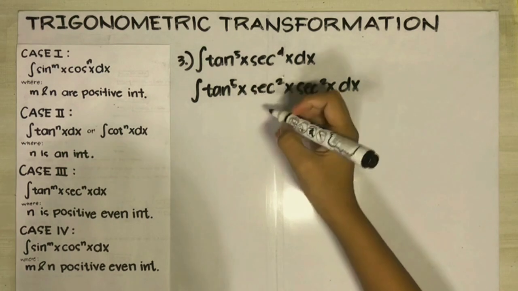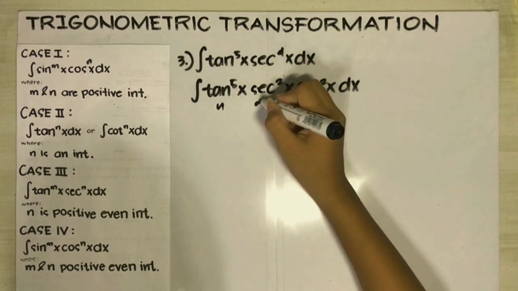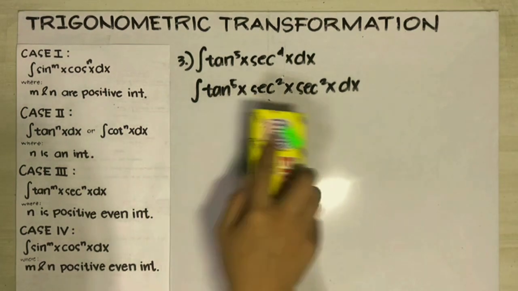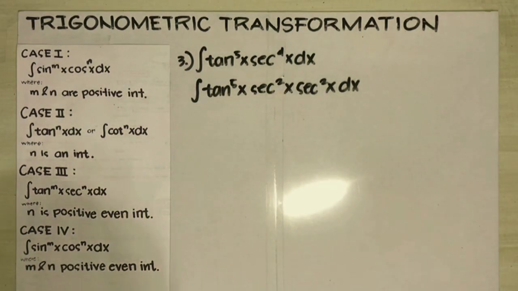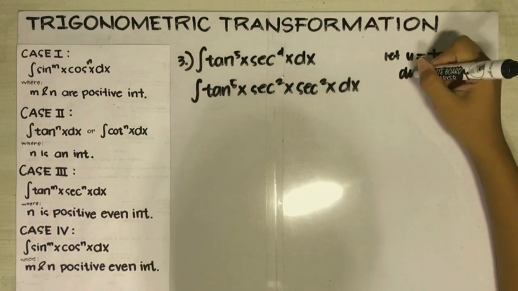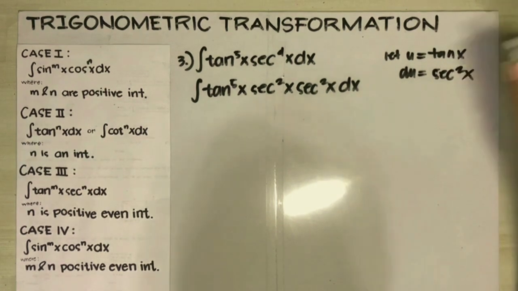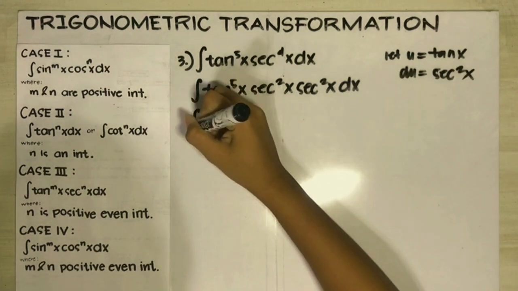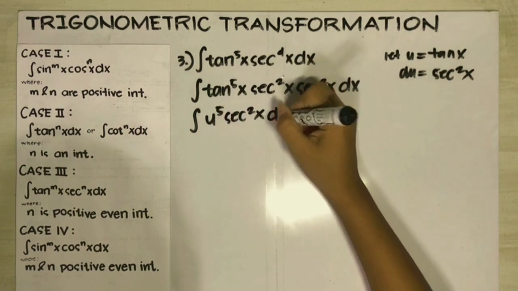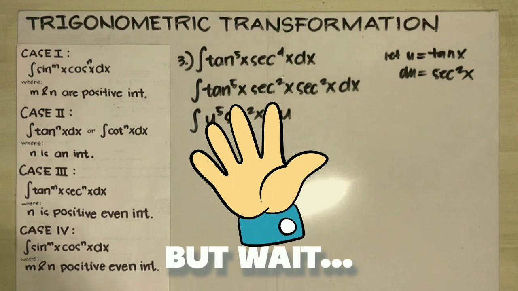In this way, we can use the u du technique for us to cancel the other term. So let's let u be tan x and du be secant square x. So this is now the integral of u to the fifth power times secant square x du.